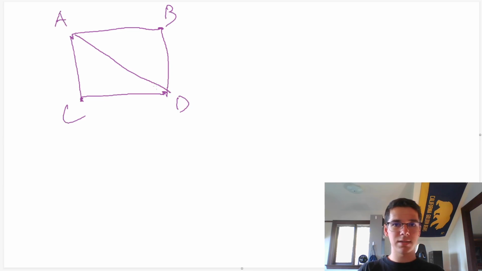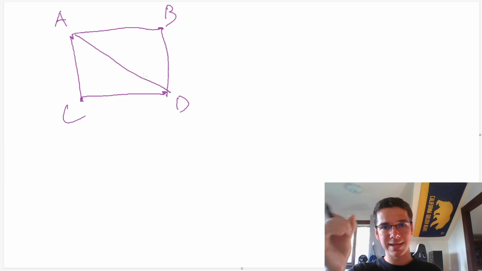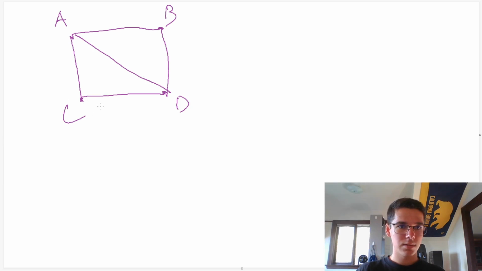So a path is essentially any traversal of this graph such that we don't go over vertices again, we don't go over edges again, and we don't necessarily start where we end. Also, a path doesn't have to be the most optimal one. For example, this from here to here, that's a path, but this is also a path right here. I probably should use a different color, but I think you get the idea.